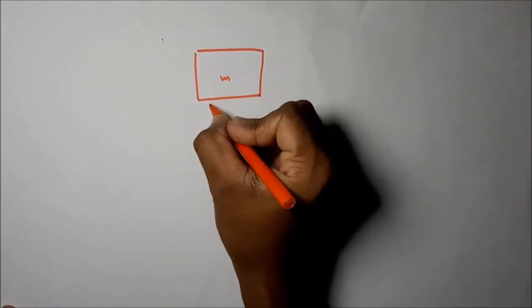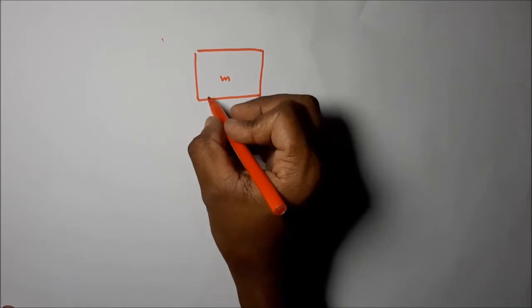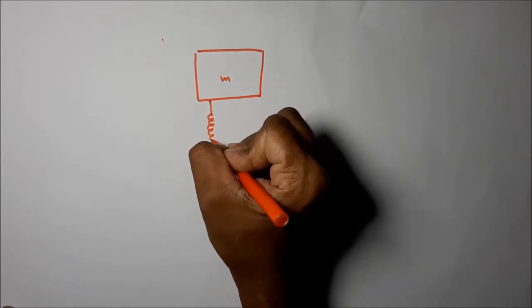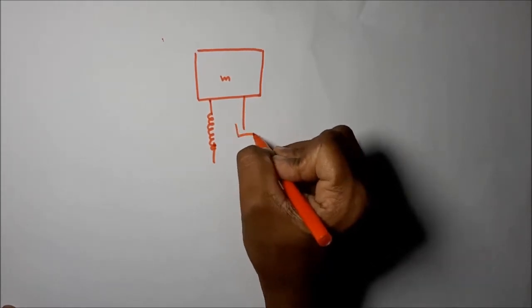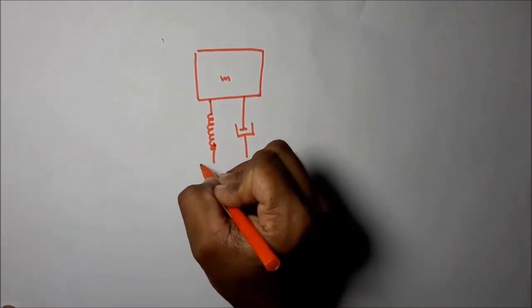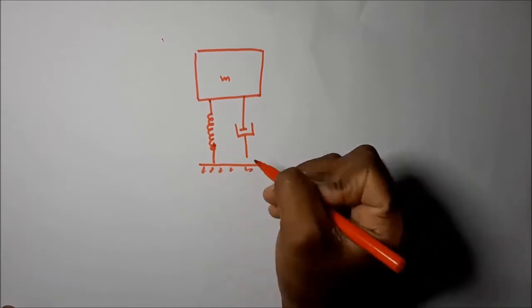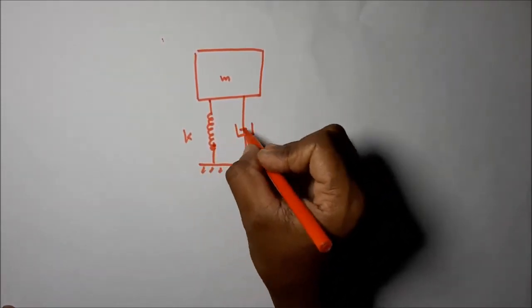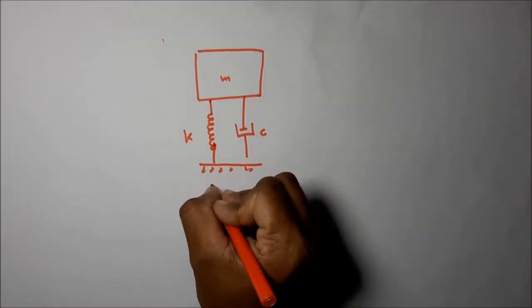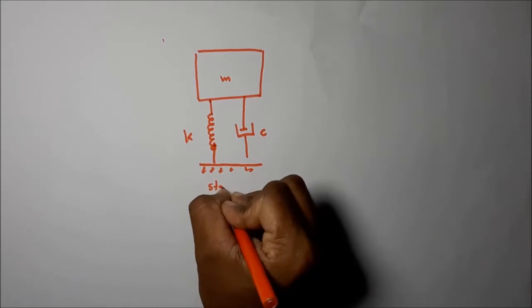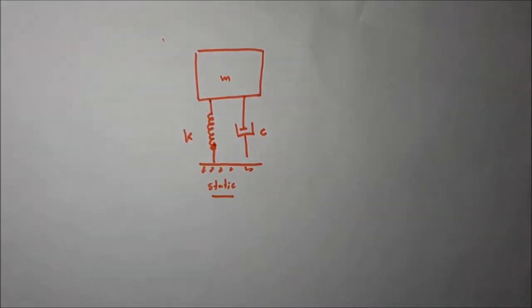A mass, a spring and a dashpot. The spring coefficient is k, the dashpot coefficient is c. Then let's take this as the position for the static condition.